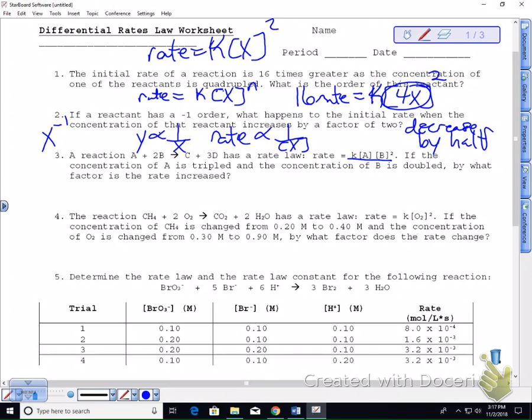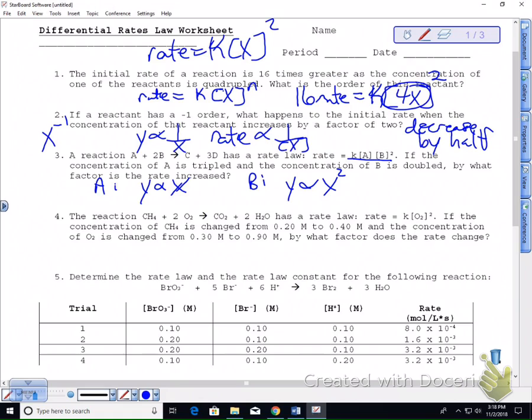A is first order. So A is going to be Y is proportional to X, first order. And B is going to be Y is proportional to X squared. It's quadratic. So let's do A first.